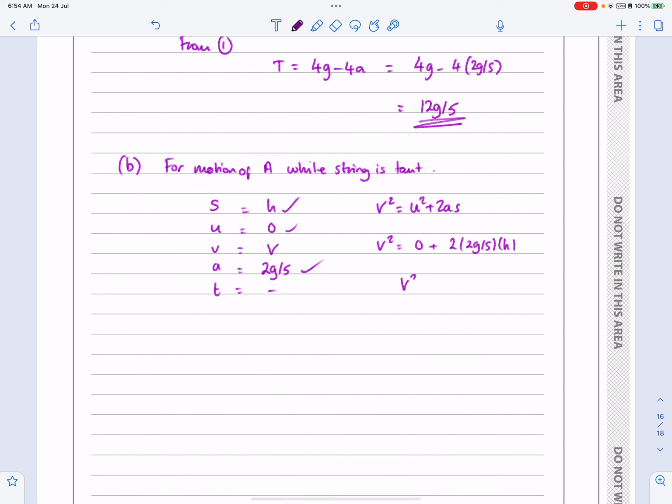So I'm going to get that v squared equals 4gh over 5. Now, yes, I can find v is equal to the square root of that, but really the v squared is the bit that I'm going to be interested in because of later on work. Okay, so all right, fine. That's the speed then that A is going at when the string snaps, when B hits the ground, sorry.